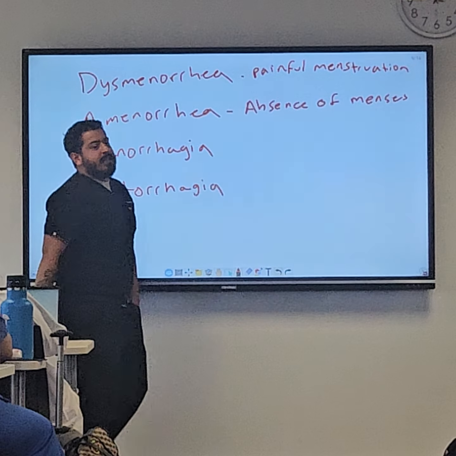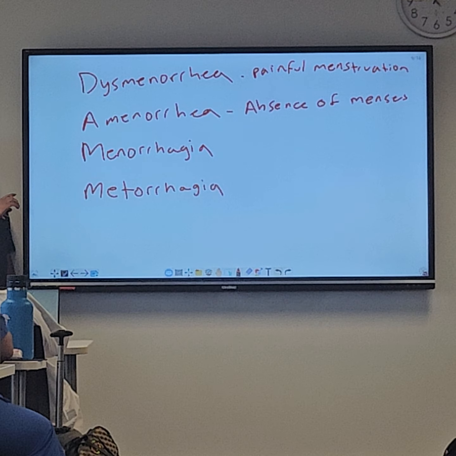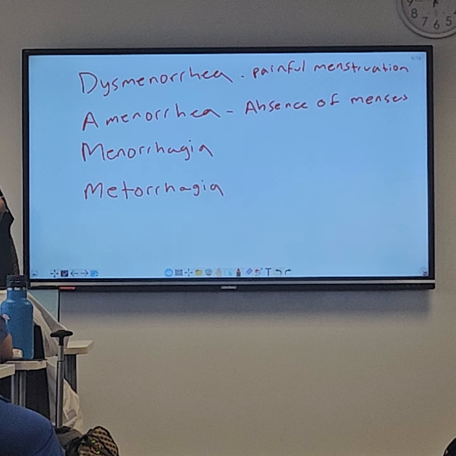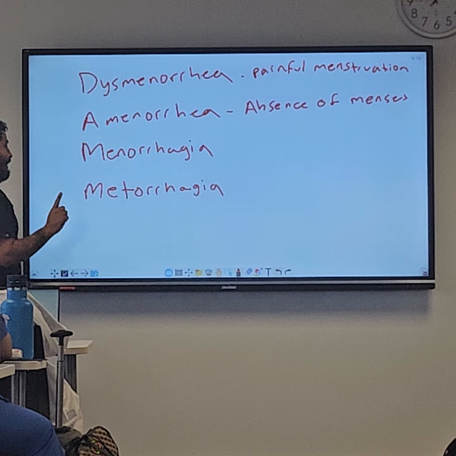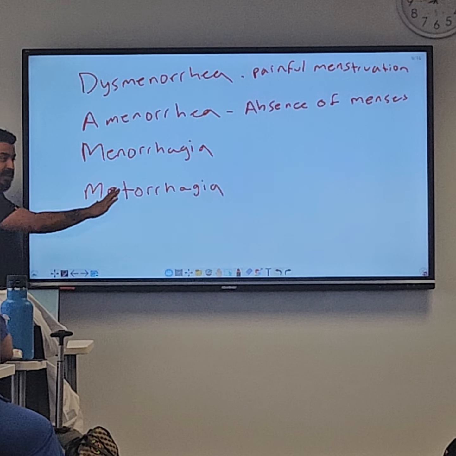Now, I will point out for those that are not familiar with the menstrual cycle, I, to my shame, will admit that I did not understand this until nursing school. I didn't find out this piece of information until I was like 19. I thought when women menstruated or had a period, it was like 28 days like it says.